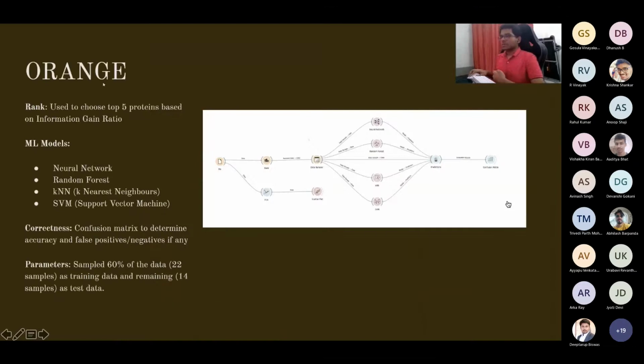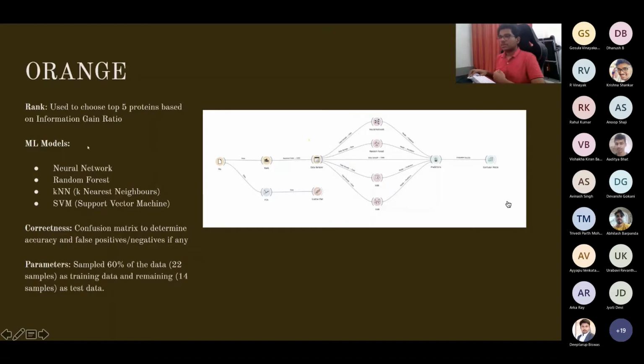Next, I took the data and transposed it to get it into a format which can be used by Orange to train the models. And in Orange, to get the top 5 attributes, I used information gain ratio and chose the top 5 proteins, at the first step, the rank.